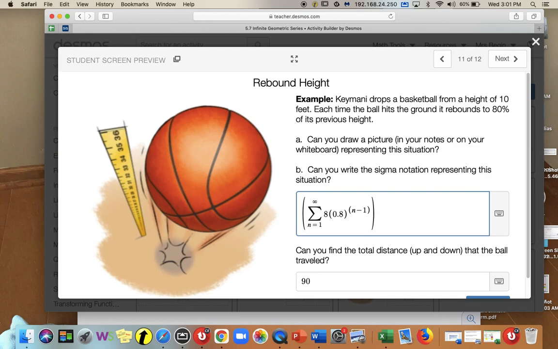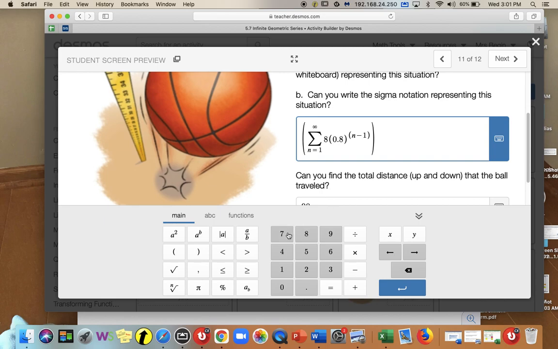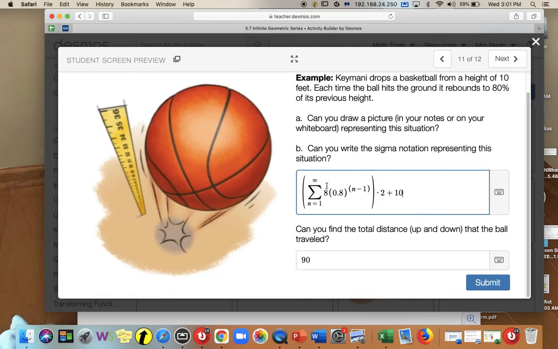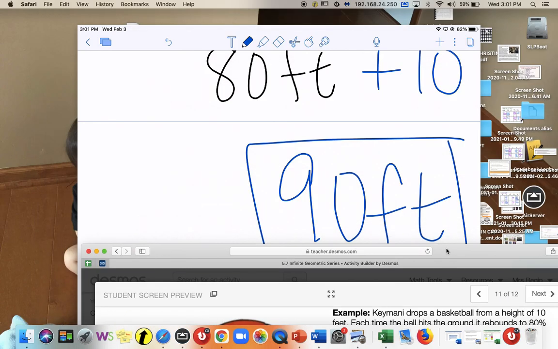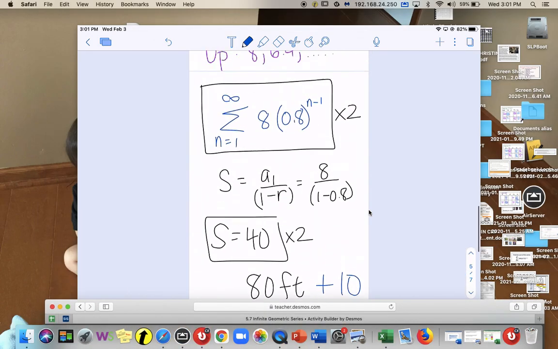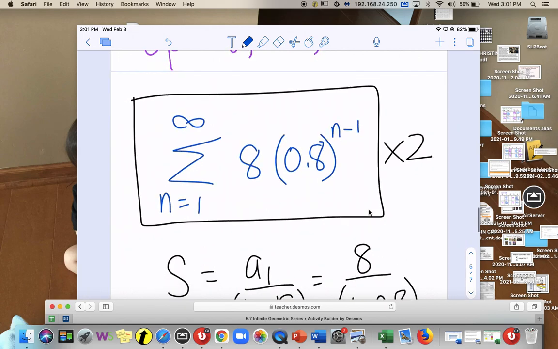Oh, I didn't like that. So times, where's the times button? Times, so there it is, times 2. And then after that, we added 10. So there's one way that we could write that. Again, we figured out the sequence starting at 8, multiplied it by 2, and added 10.